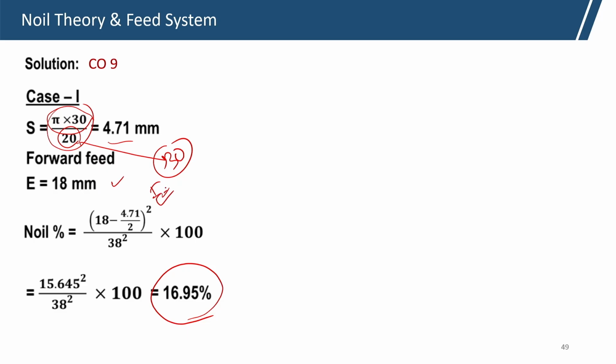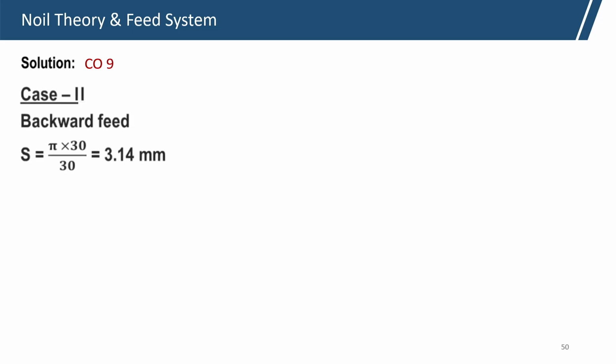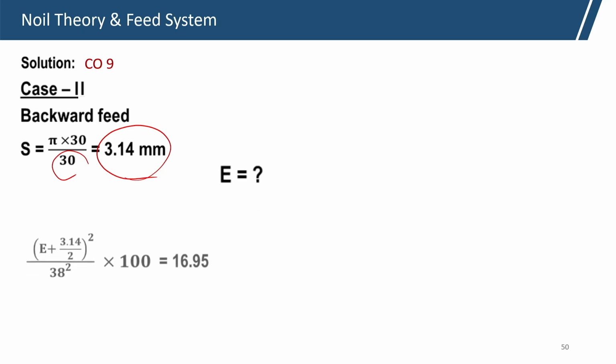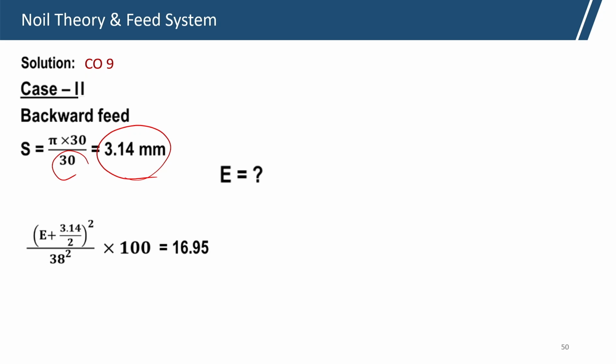So, this is simple again. 30 is the ratchet wheel. So, feed length has reduced to 3.14. So, E has to be calculated, and it was the same Noil percent 16.95 as that of the forward feed.